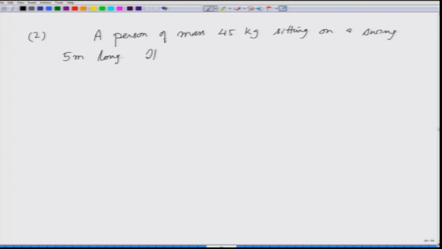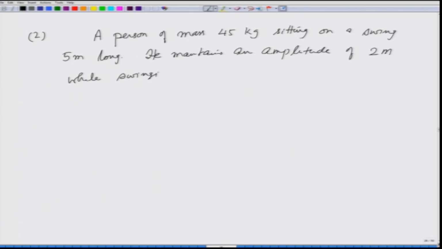He maintains an amplitude of 2 meters while swinging.